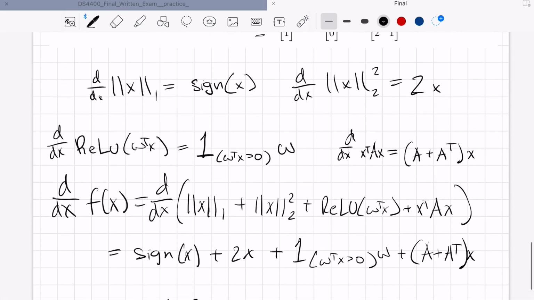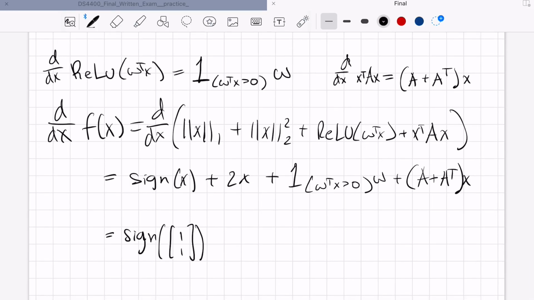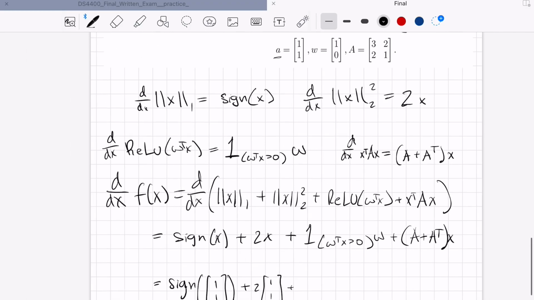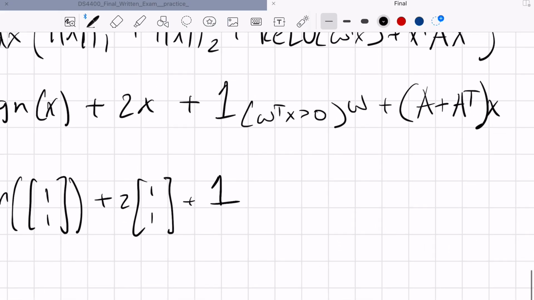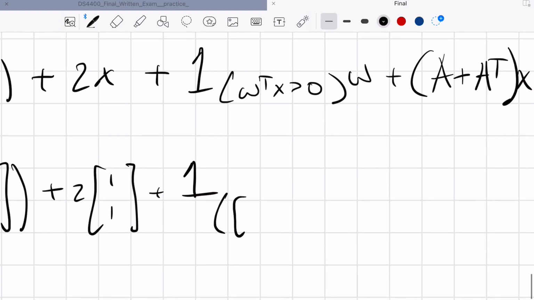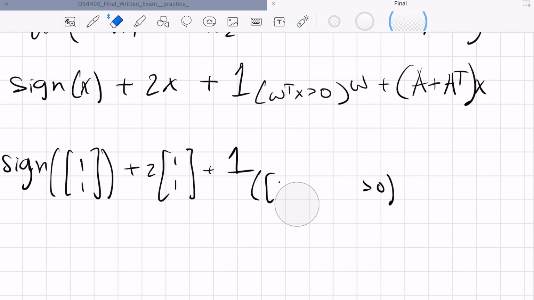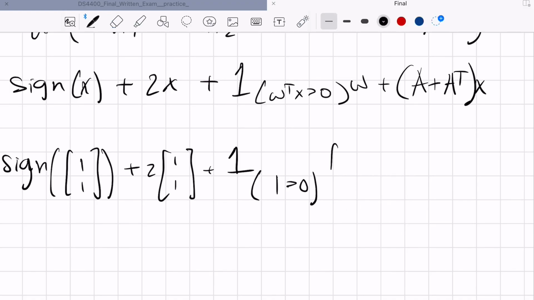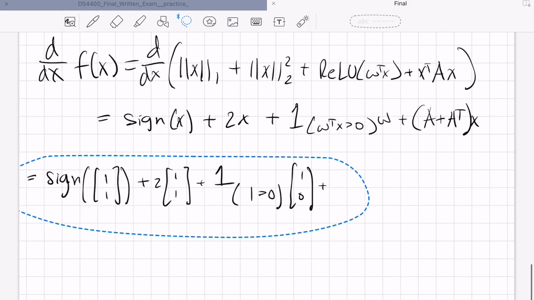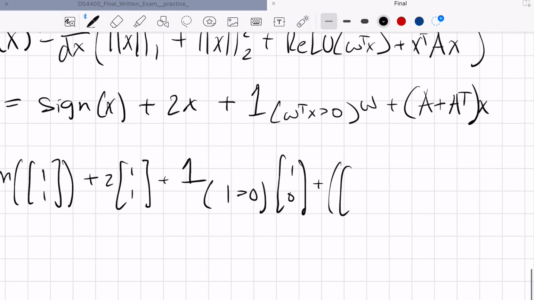So this is equal to the sign of, what is a? a is 1, 1. So sign of 1, 1 plus 2 times 1, 1 plus the indicator of wᵀx, which is 1, 0 times 1, 1, greater than 0, which if we do this out is simply 1, and then 1, 0, plus whatever A plus Aᵀ is times 1, 1.